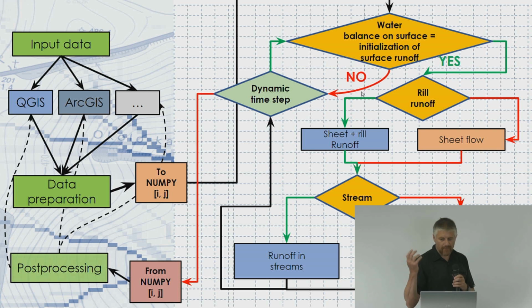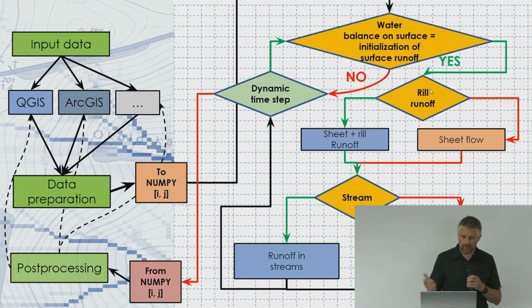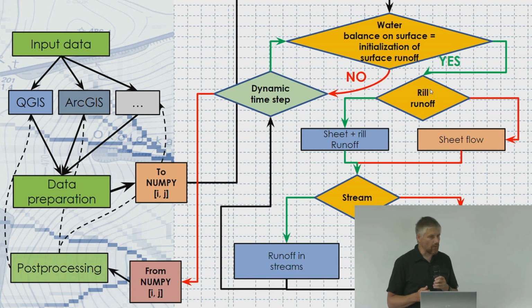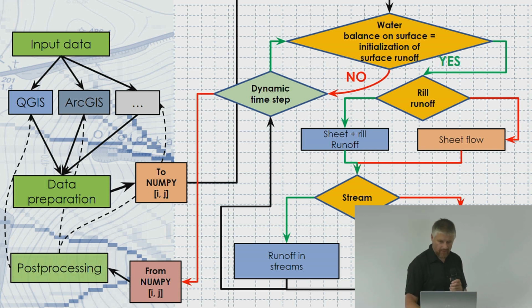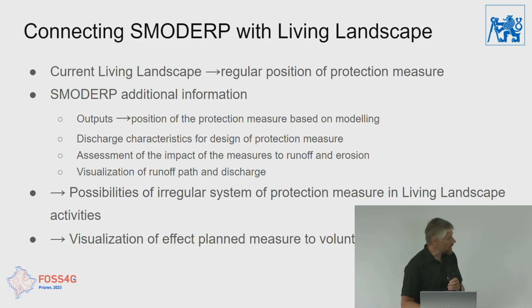In the model, it checks whether we have just sheet flow, or rill runoff as well, or whether the runoff goes through a stream, because it is a different kind of description of the runoff.